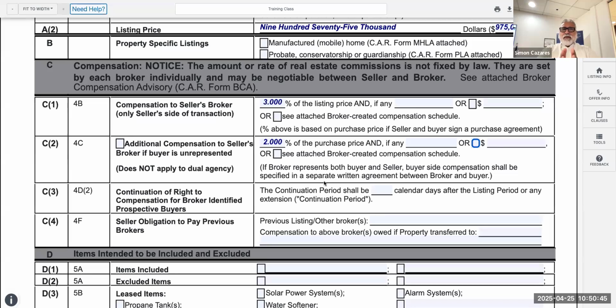I would say the best approach is, that's fine if you want to work without any representation, and they understand every component and the risk involved, because there's always going to be a risk. There's a risk even with two agents involved. But if they want to go that way, one, because they don't want to pay compensation, technically speaking, the way the forms are created now, the buyer is responsible to pay the buyer's agent compensation. Theoretically, we ask the seller to pay us under the purchase agreement, but under no circumstances does the seller have to pay a buyer agent compensation anymore.